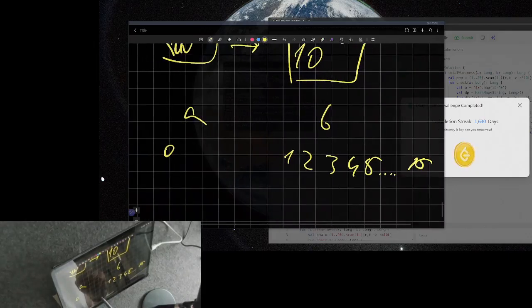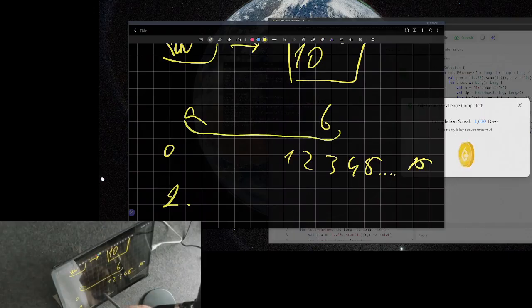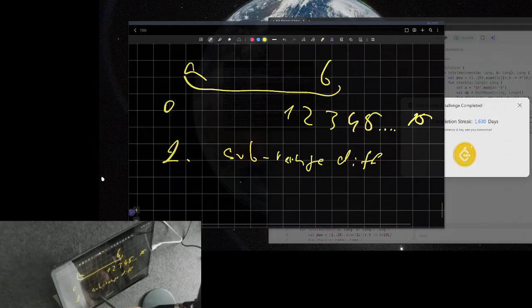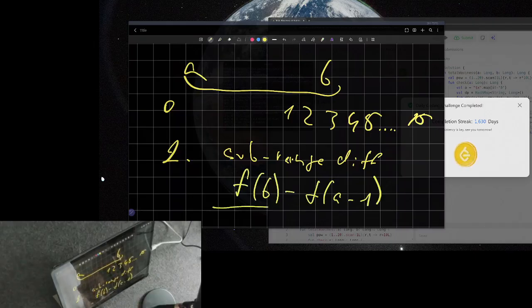Now, to check this, we use two tricks. The first trick is to redefine the range problem. Each range problem can be defined as a subrange or range difference, so the solution would be f(b) minus f(a minus 1).